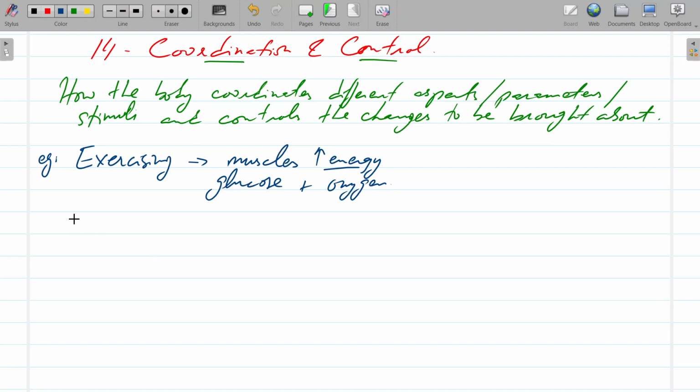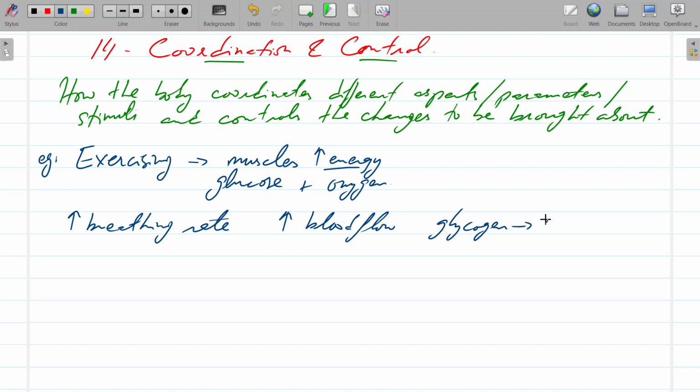And so what the body does is it increases the breathing rate. It increases the blood flow, and if required, it converts stored glycogen to glucose. When you're breathing more, you're getting more oxygen.